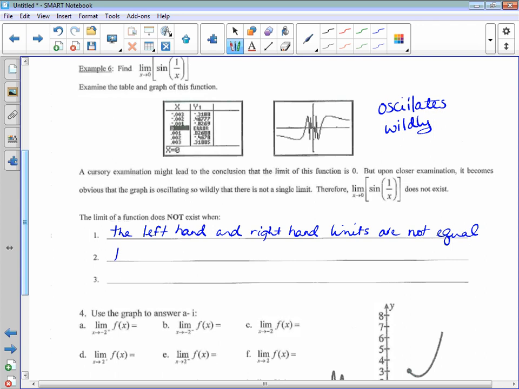Second, the function doesn't approach a finite value.